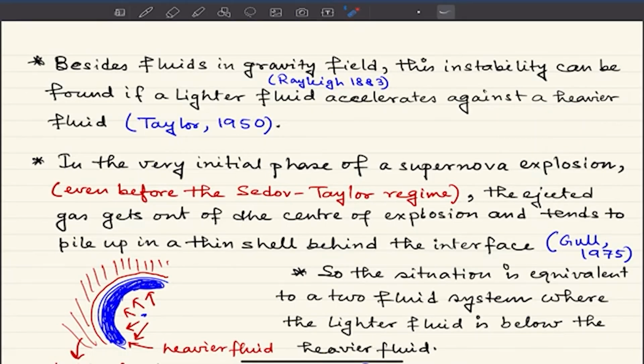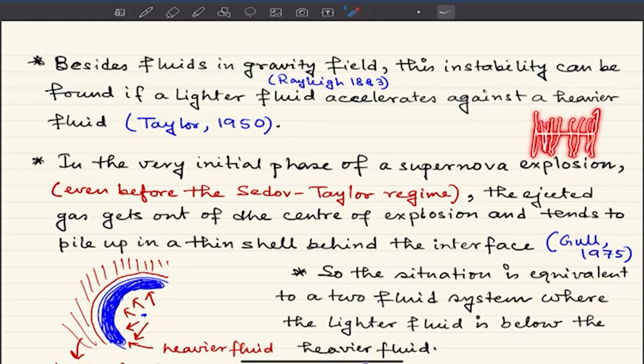Of course not in a convective manner, but what will in general happen is that this heavier fluid comes down in the structure of fingers, fingertip type of thing.